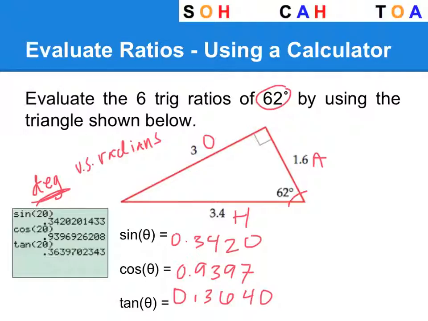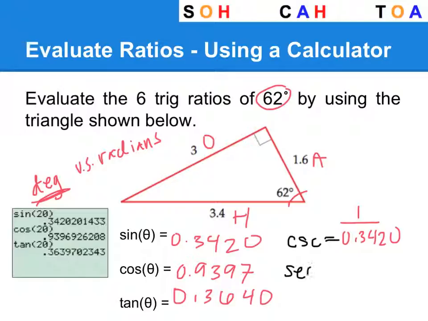And then if you want to find cosecant, some calculators might have this on their screen, some don't. What you would have to write, let me get the thing. You would do 1 divided by 0.3420.